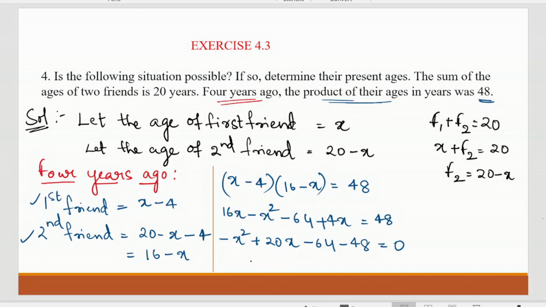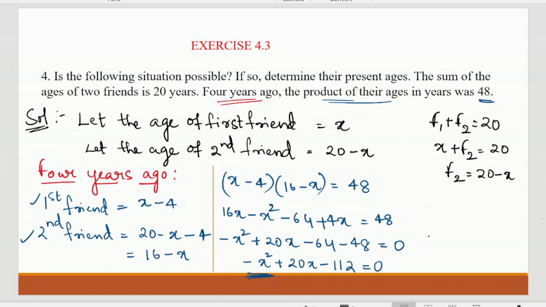Okay. Now, what is the quadratic equation which we have got? That is minus X square plus 20X minus 64 minus 48, which is minus 112, equals 0. In this quadratic equation, the first term is negative, right?